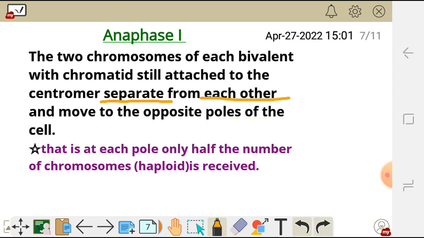So each pole will only have half the number of chromosomes, which is haploid. As we discussed in the previous video, half the number of chromosomes is haploid. So that's what happens under anaphase.